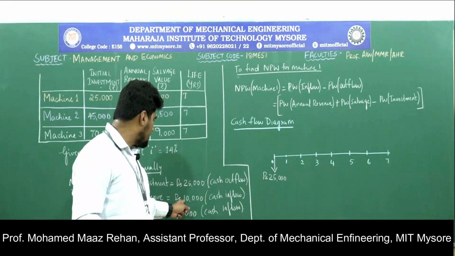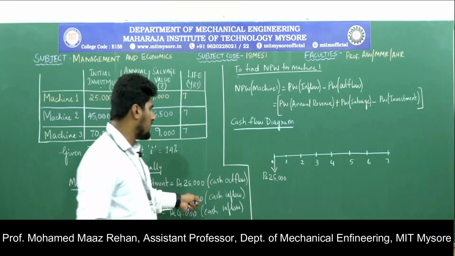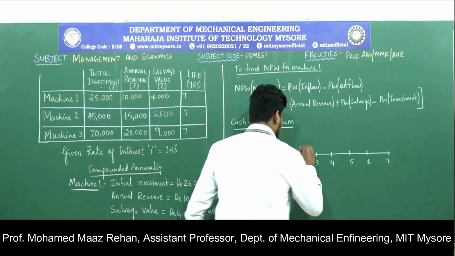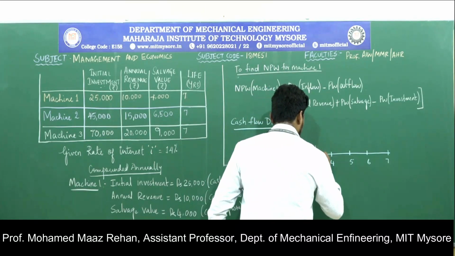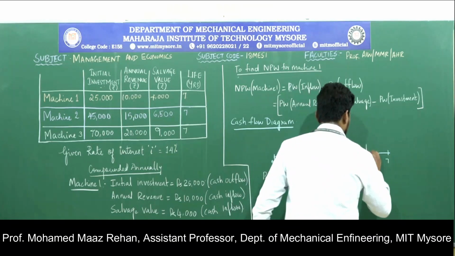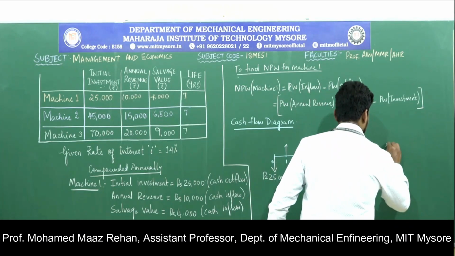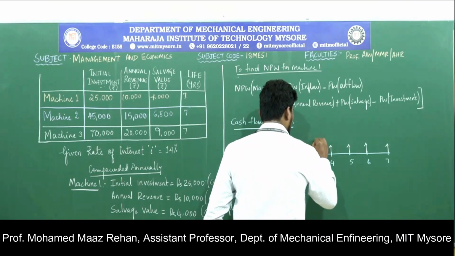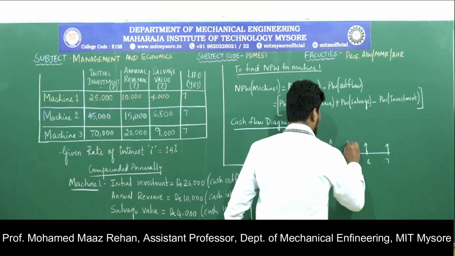What is the amount he will be generating? 10,000. That means an upward arrow, right? So he will be generating 10,000 every year up to 7 years. This is annual revenue.